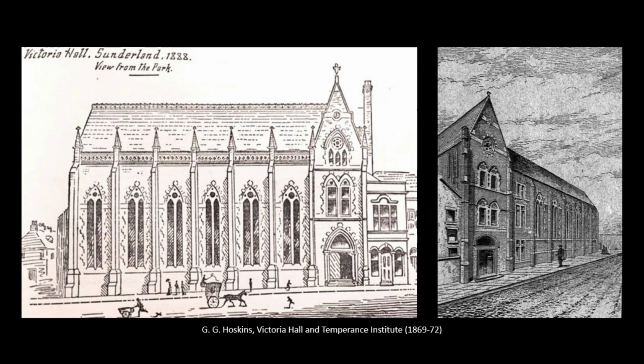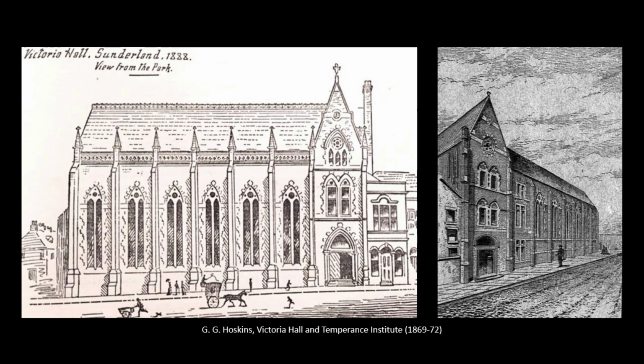Hoskins' third and final building in Sunderland was the notorious Victoria Hall and Temperance Institute in Toward Road. This large assembly hall was built by a temperance committee chaired by the wealthy Quaker Edward Backhouse.